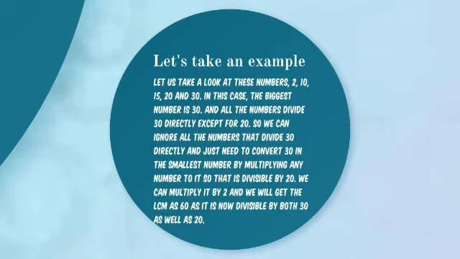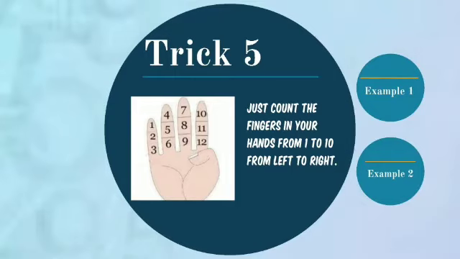So we can ignore all the numbers that divide 30 directly and just need to convert 30 into the smallest number, by multiplying any number to it, so that it is divisible by 20. We can multiply 30 by 2 and we will get the LCM as 60 as it is now divisible by both 30 as well as 20. It's simple, isn't it?